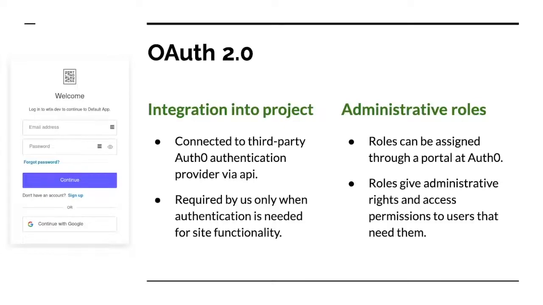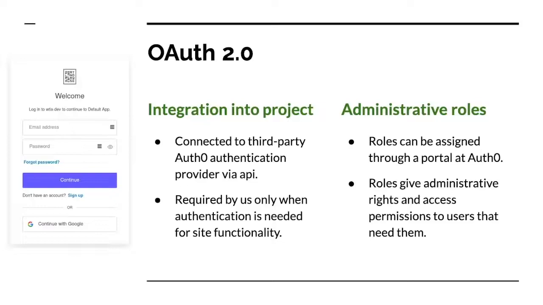These authorization tokens are used throughout the website to give users things like administration rights, which can be assigned through the Auth0 portal, which is the OAuth provider that we've chosen to use with this project.